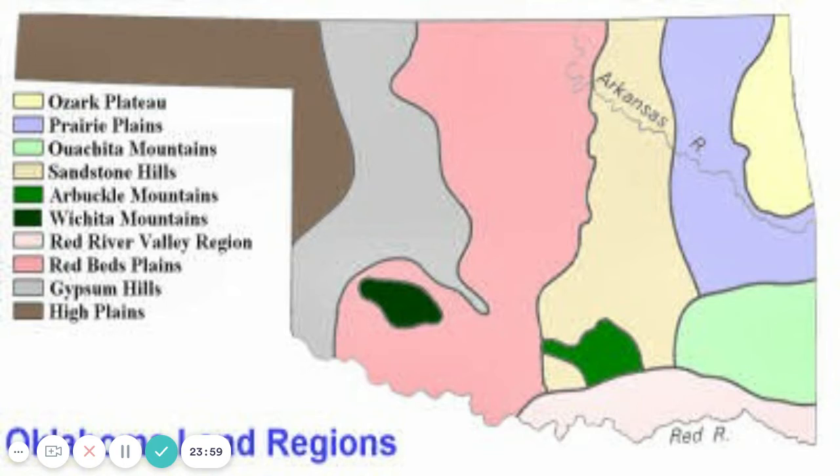We have a lot of forests. We have a lot of plateaus and hills. And then when you start getting to the Panhandle, you see that these mountains and forests are turning into plains and into different types of grassland. So we see this distinction. We see God created Oklahoma for a purpose.